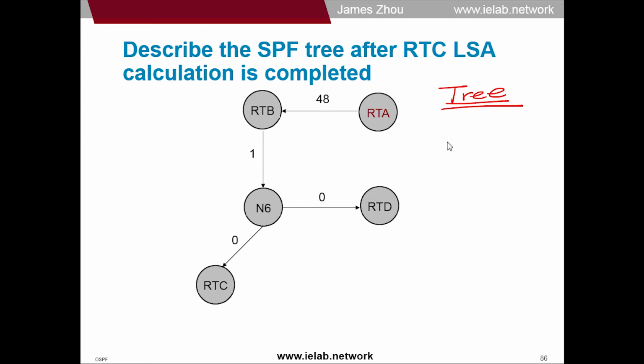Now we start stage 2. Add what? Add the leaves. Leaves are stub segments, the connected networks.